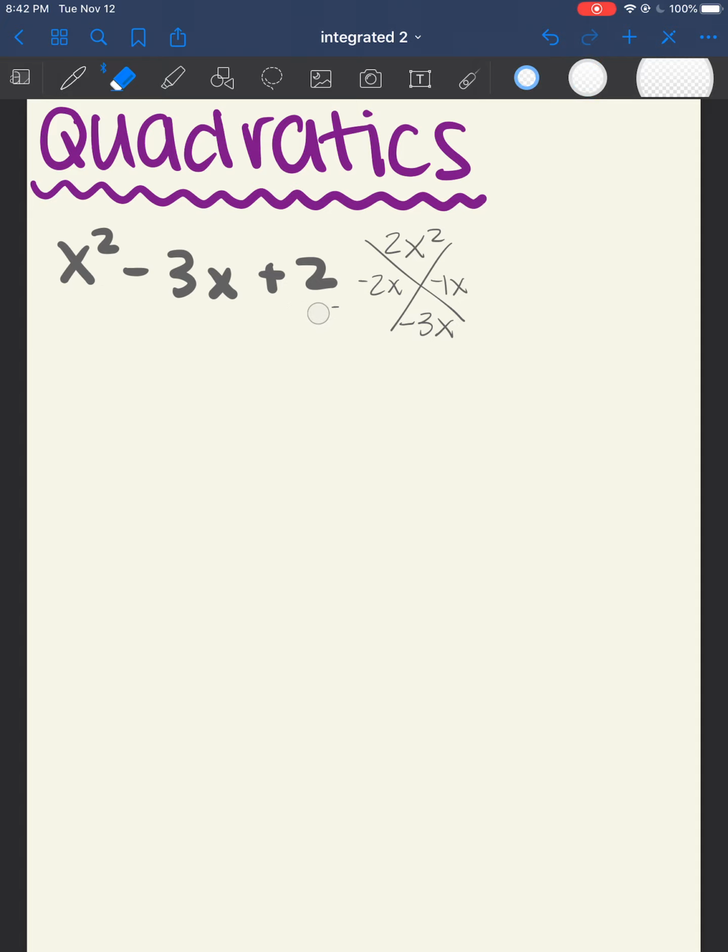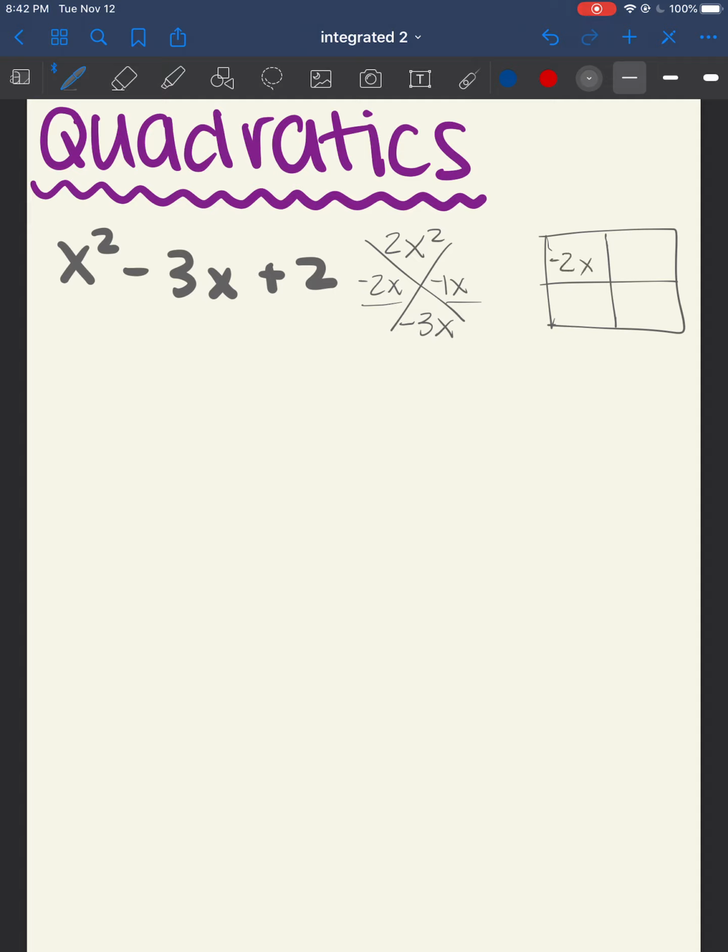So after you finish that, you would want to do your box, and you put this value and this value in opposite boxes, so negative 2x and negative 1x, and then you take this value and this value and put those in the other two boxes, so x squared and 2.